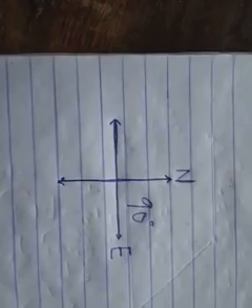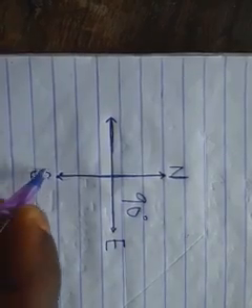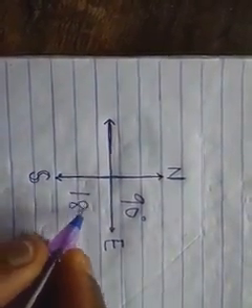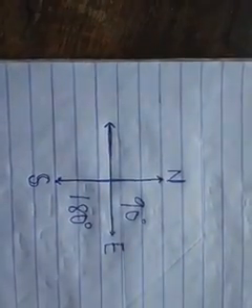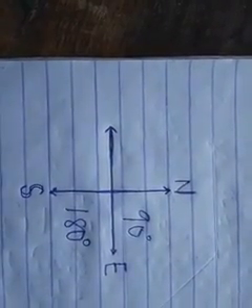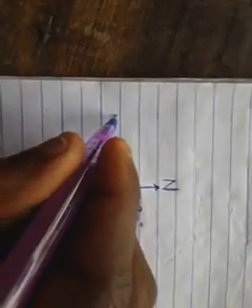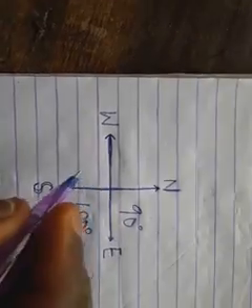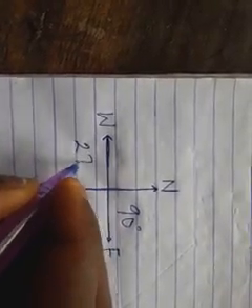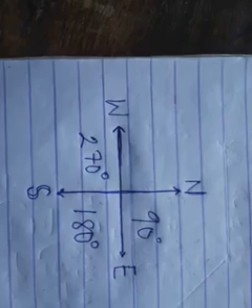The second quadrant is between the south and the east, which is the 180° second quadrant. The third quadrant is between the south and the west, which is between 180 to 270°.